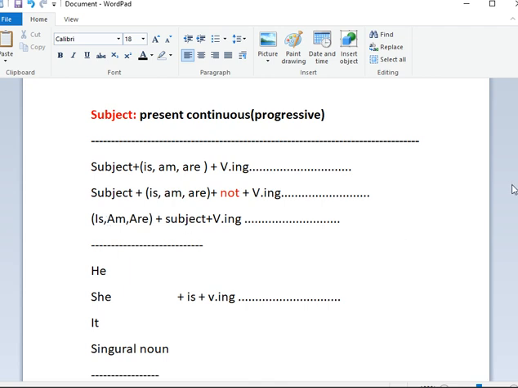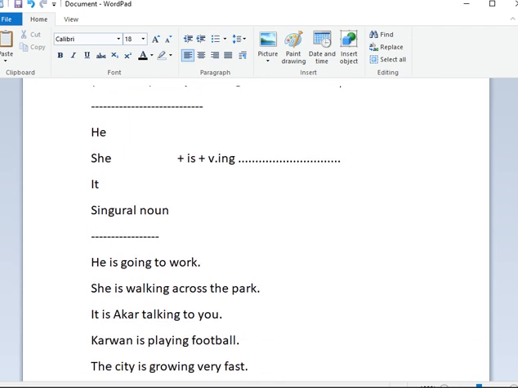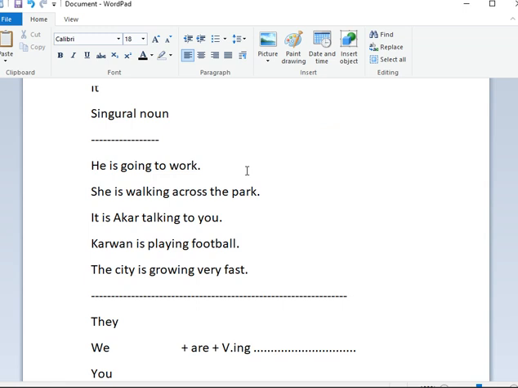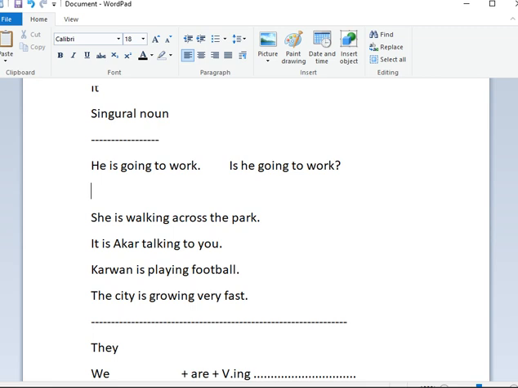So let's do some of these examples. For example, he's going to work. If we want to ask, we will say, is he going to work? Like this one. And we will put a question mark. Do not write a full stop. If we want to make it negative, we will just write this one.